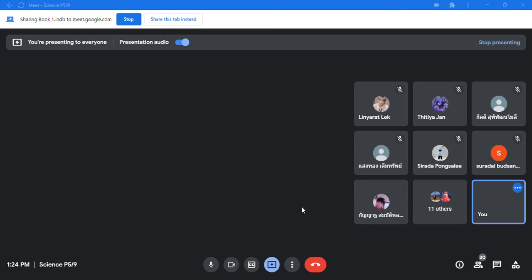Can anyone answer me? Number 2, case 2. So is it going to go left or right? Right, that's correct. Why do you think it goes right?